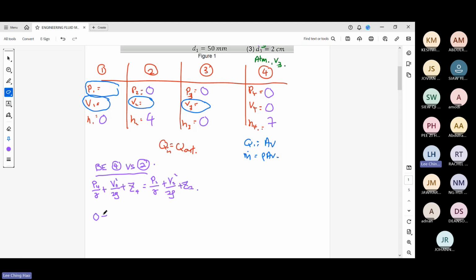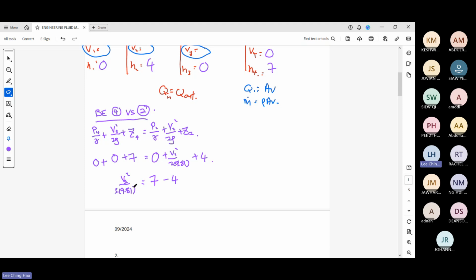So 0, 0, 7, equals P2 is 0, V2 squared over 2 times 9.81, standard, then plus 4 for z2. So your V2 squared over 2 times 9.81 equals 7 minus 4, which is 3.